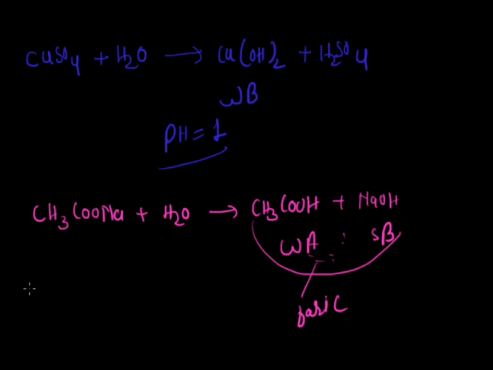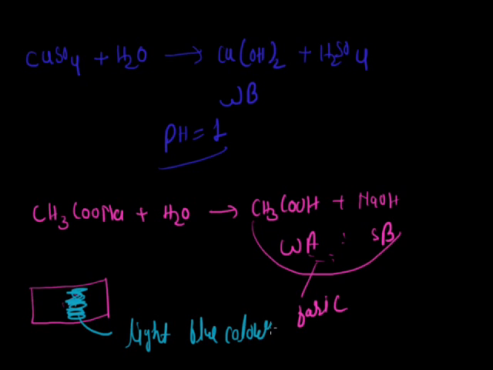Now when we apply a drop of this solution on this pH paper, now observing the color of this pH paper, it has light blue color. Now it has pH 13.